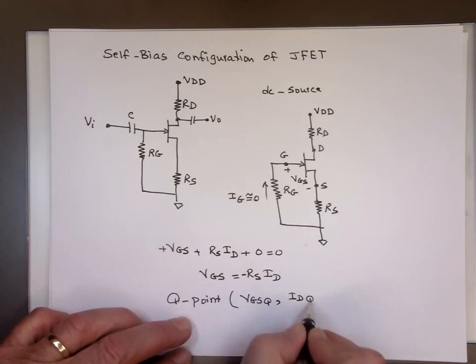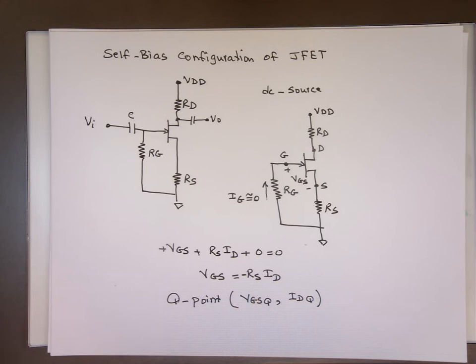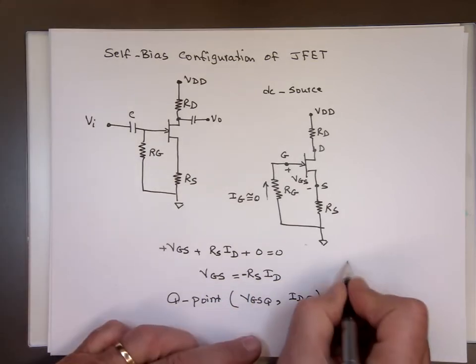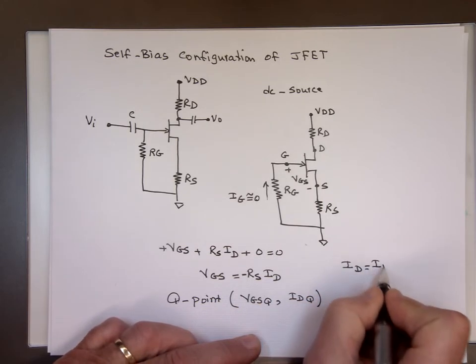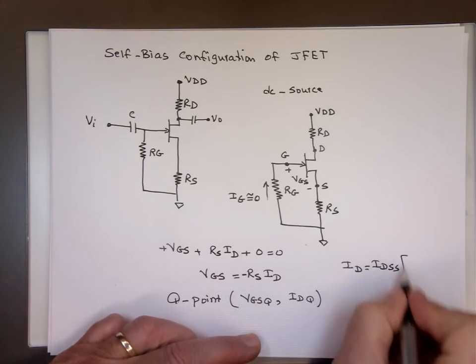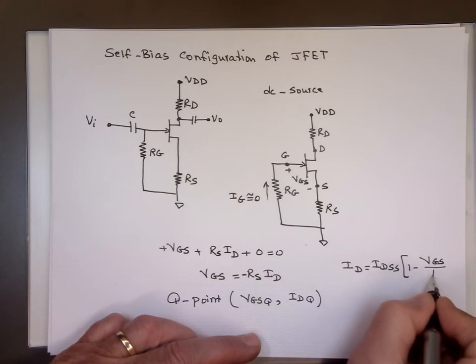We're looking for these guys. Now, same as before, I sub D, if you recall, is IDSS, which is usually given to us in the problem, times 1 minus VGS over VP, and VP is also given to us in the problem, squared.